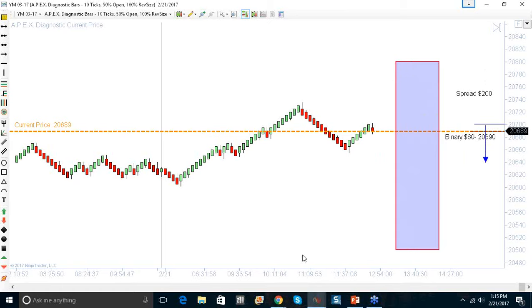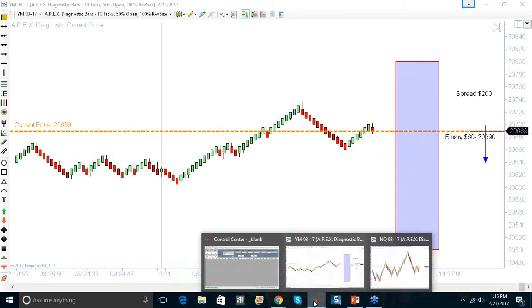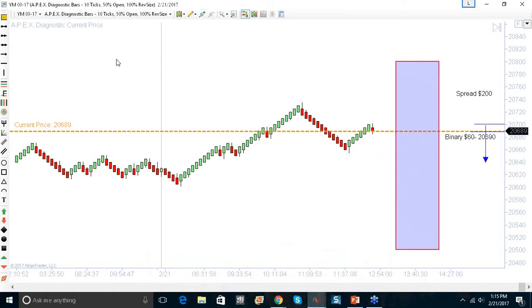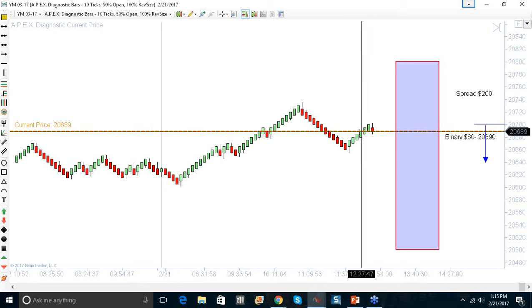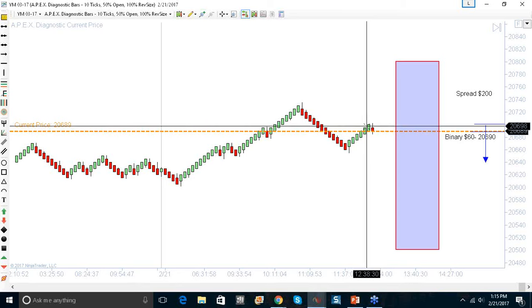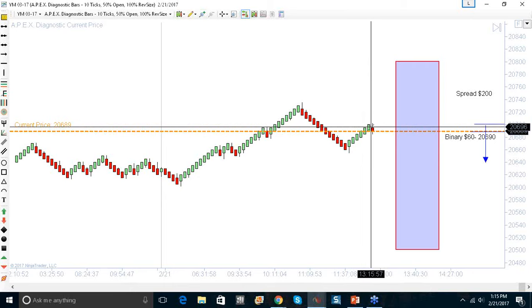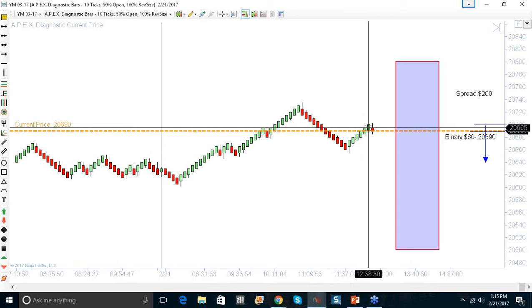For example, just a quick example. Let's pull up this chart. Where was the Dow at 1 o'clock approximately? This isn't a time-based chart, so I'd have to pull it up. Approximately, where was the price of the Dow at about 1 o'clock when the new spreads opened up? Close to 20,695, 20,700, right?